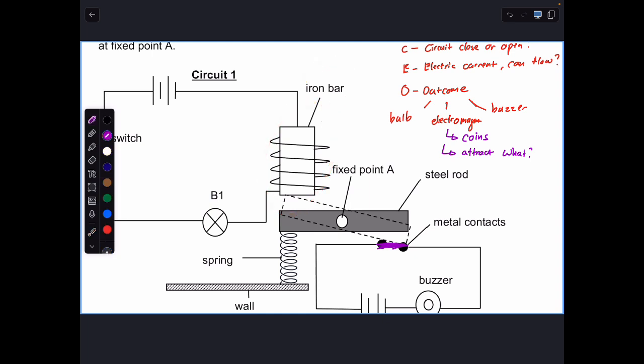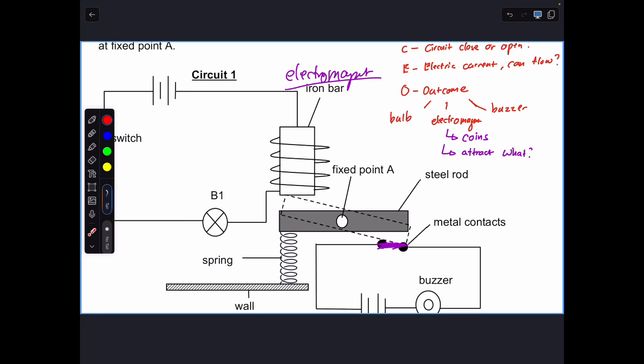It is your iron bar that is an electromagnet, not the rod. You need to be very clear. So if you change this to aluminium, even though this is still an electromagnet, it will no longer be attracted. Because now if it's aluminium, it is not a magnetic object. You need to be very careful.